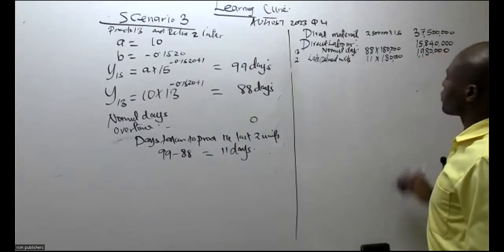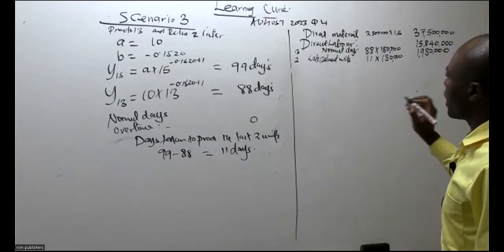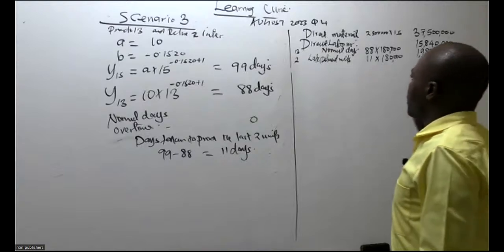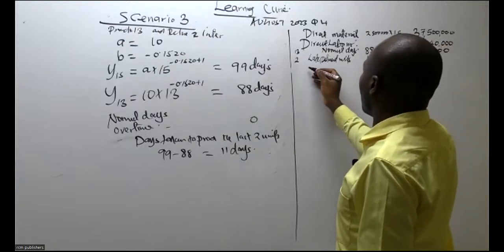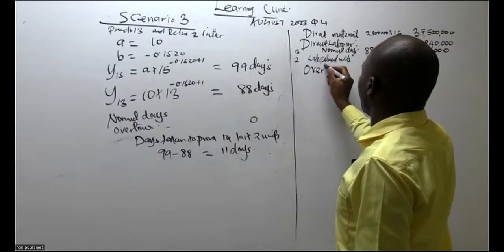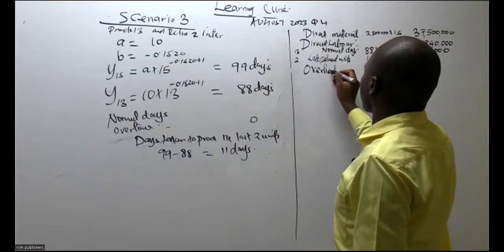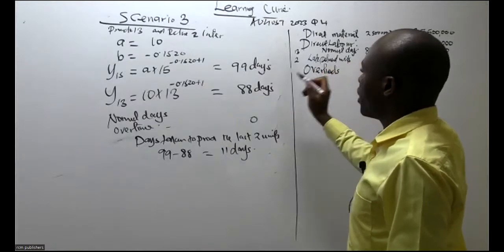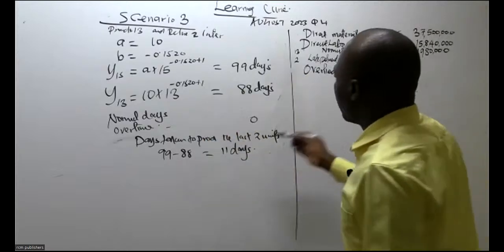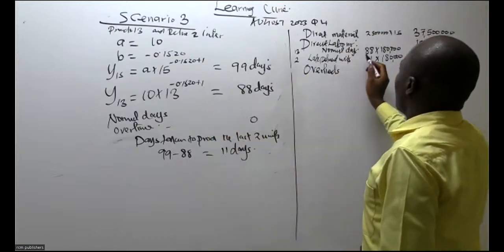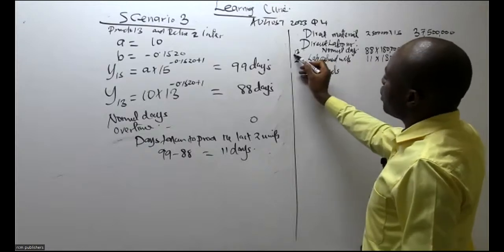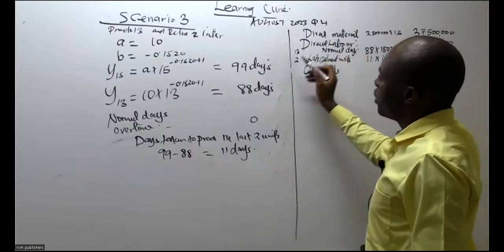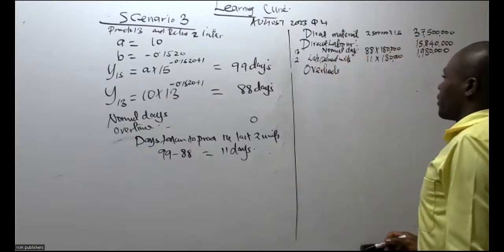Direct material, direct labor, late delivery units. Then we have what we call overheads. Overheads are paid on the normal working days. The normal working days here, we have the 88 for the 13 units and 11 for the 2 units. Total itakuwa ngapi?